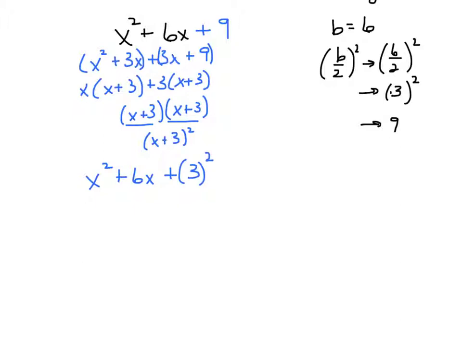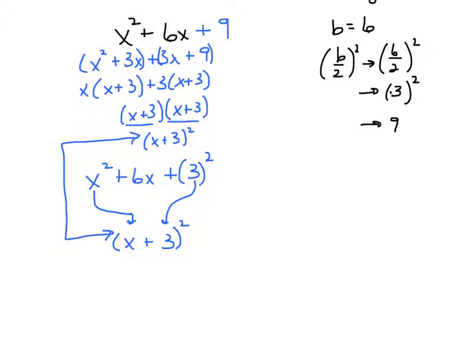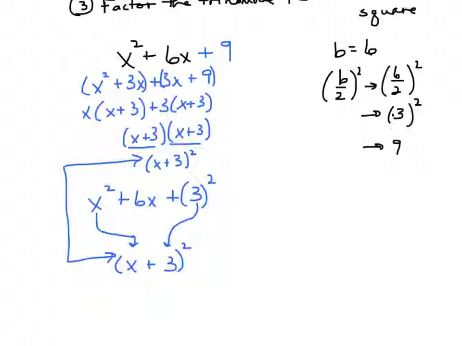You can do that as well, because remember our shortcut: we take this x value number, put it here, put down whatever symbol is inside the parentheses, and then square these. And you'll notice it's the exact same thing. So that was the shortcut that we did. That's a little jog of the memory of completing the square. You're going to need to use that in order to write these equations.